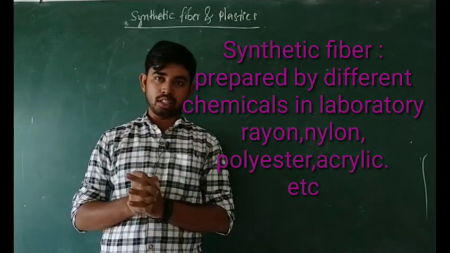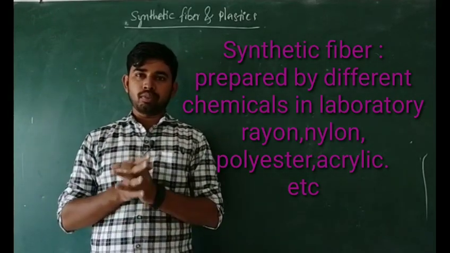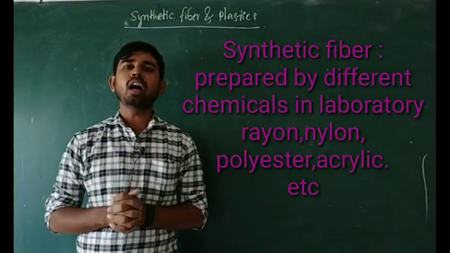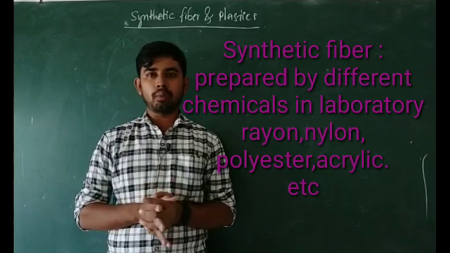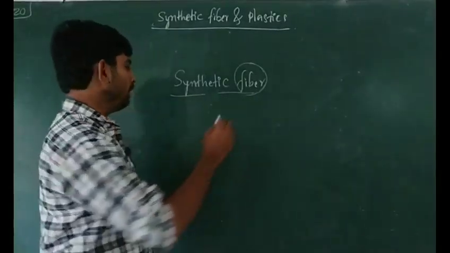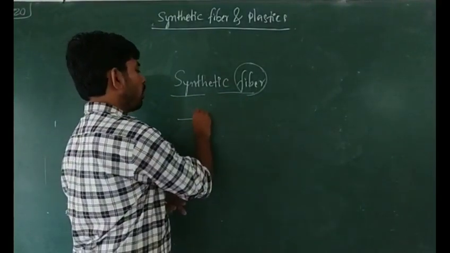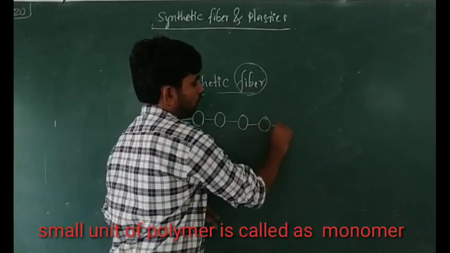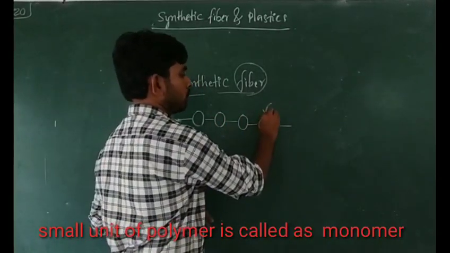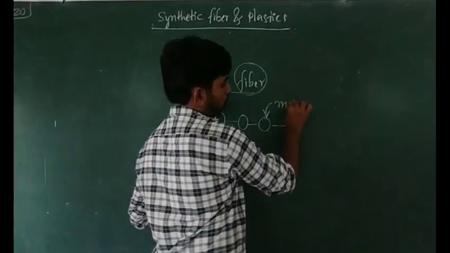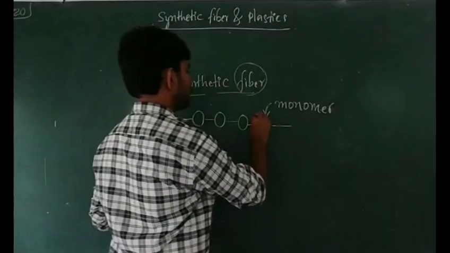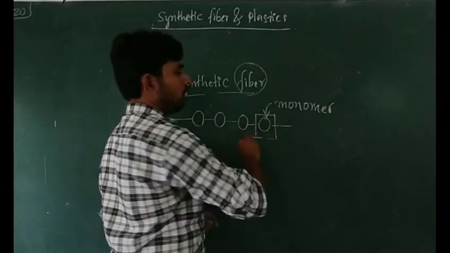Synthetic fiber is a fiber which is prepared in the laboratory by using different kinds of raw material. Generally, synthetic fiber is made up of a small unit which is called a monomer. This one single unit we call a monomer.